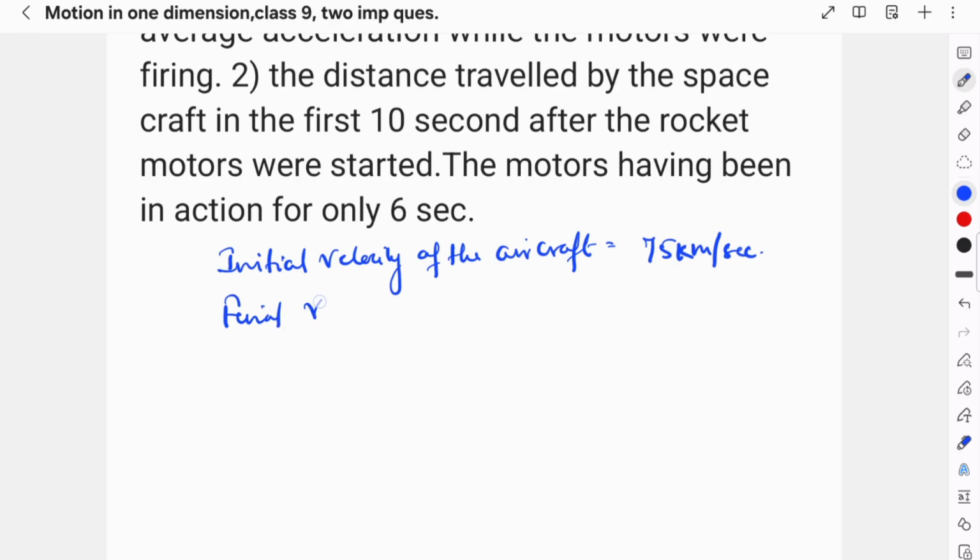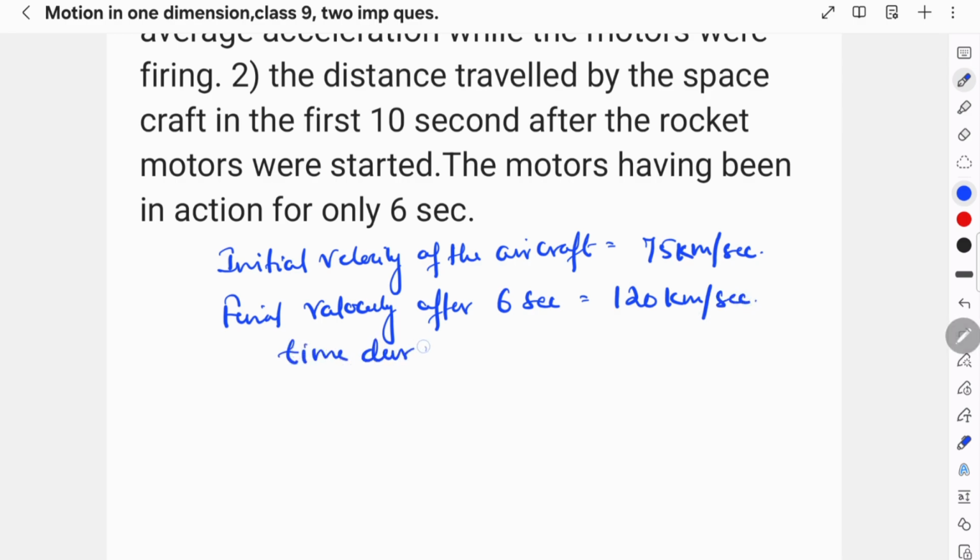And the final velocity after 6 seconds is 120 km per second. So the time duration is also 6 seconds. So we can say t is 6 seconds. So this is our u, 120 km per second is our v, and we have t as 6 seconds.